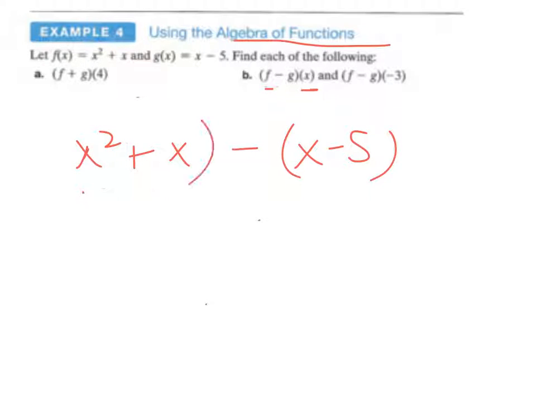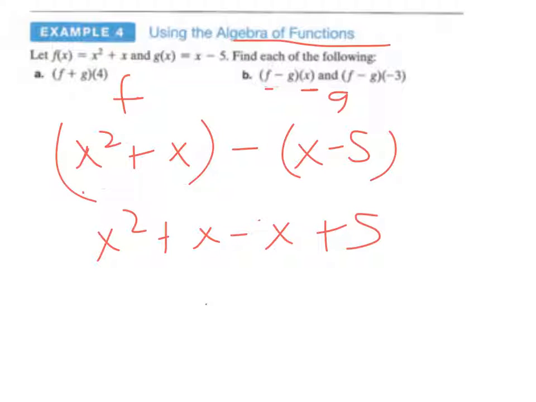So what I'm doing is taking the f function and subtracting the g function when it's just an x. If I do the subtraction, I get x squared plus x minus x plus 5, because my subtraction is a subtraction of the whole function, so these signs change. And if I do the algebra, those cancel, so I end up with x squared plus 5.